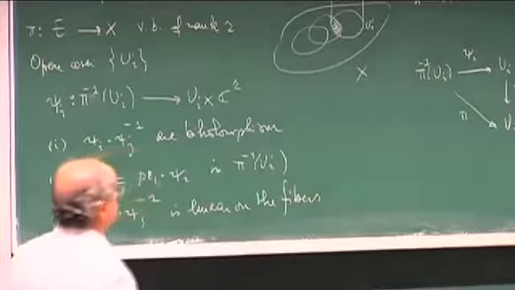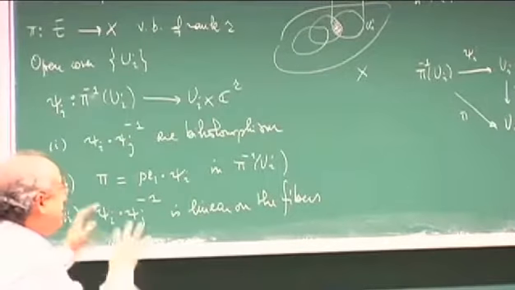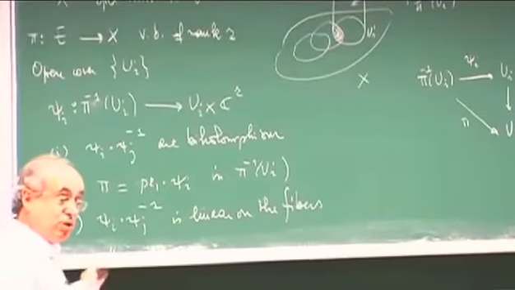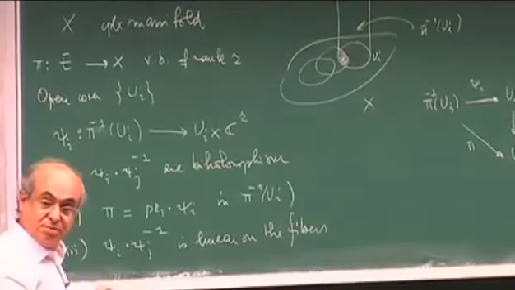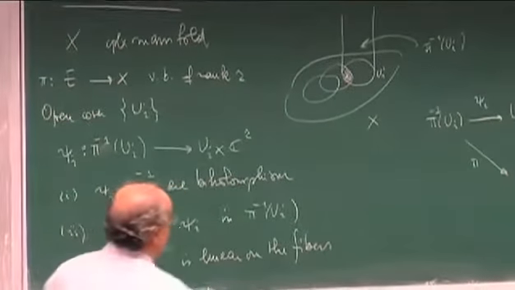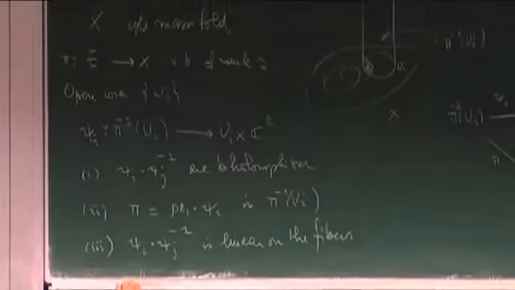So I'm assuming this. So all this structure is a vector bundle, to be honest, a vector bundle together with its trivialization. Then a vector bundle is the abstract structure given by this.